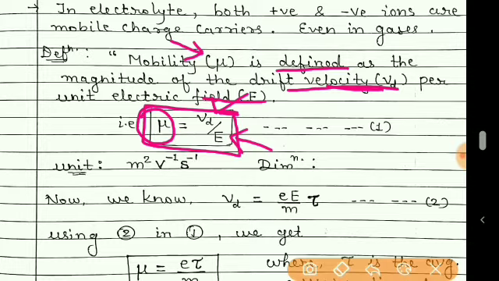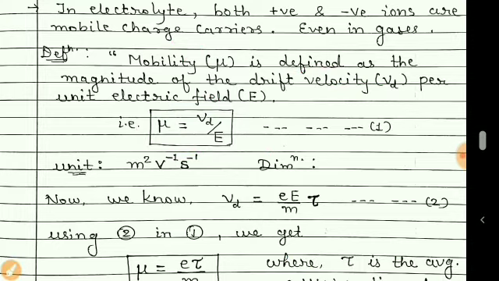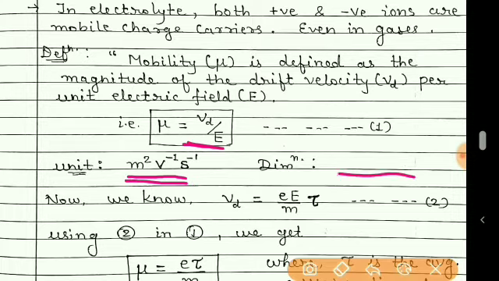Now students, if you know the formula for any physical quantity, then you can easily get the unit as well as dimension. So every time I should not tell you how this unit is obtained. You can easily obtain from this formula.